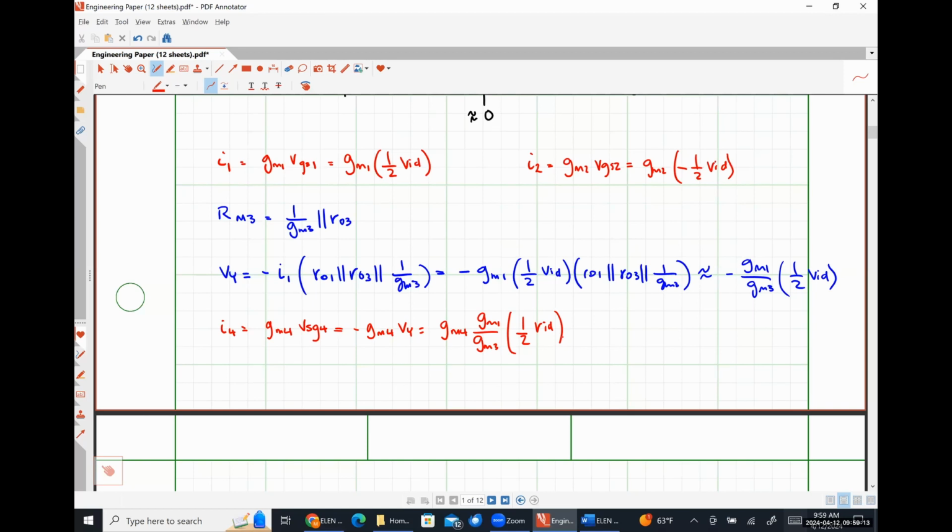They're the same thing, so these guys are literally just going to cancel each other out. So effectively, the small signal current I4 is the exact same thing as the small signal current I1, so GM1 times half VID.